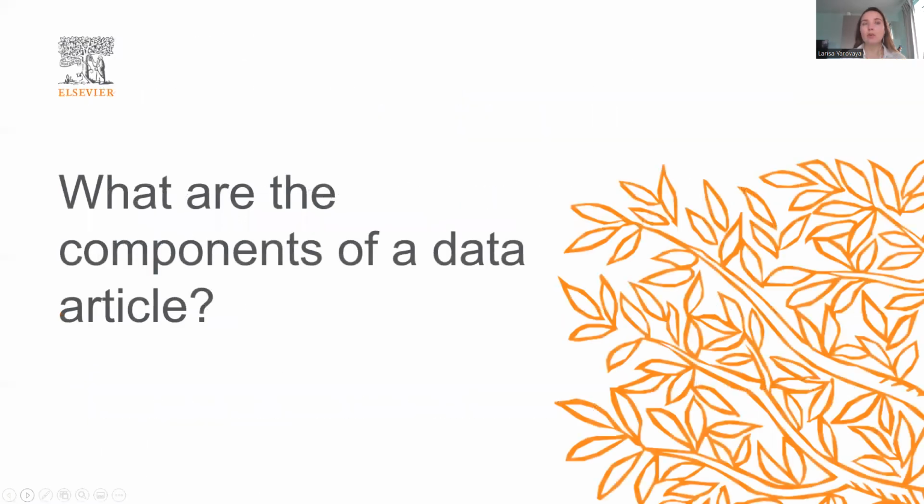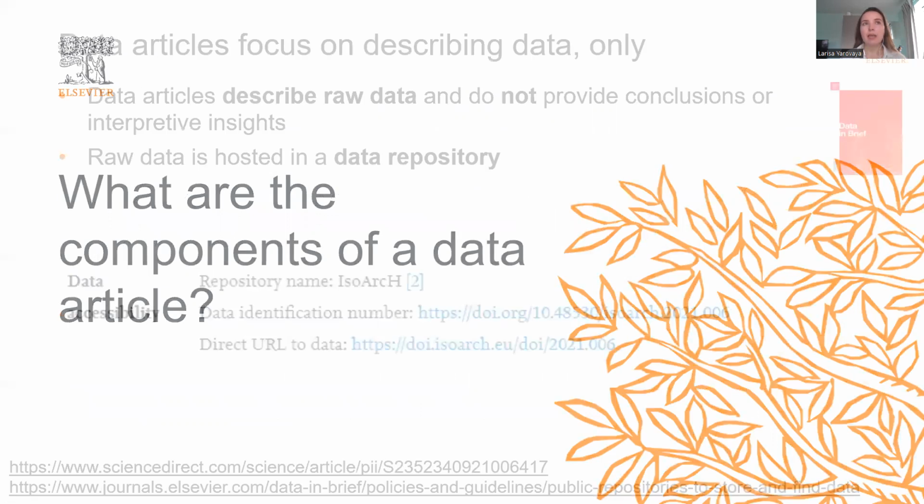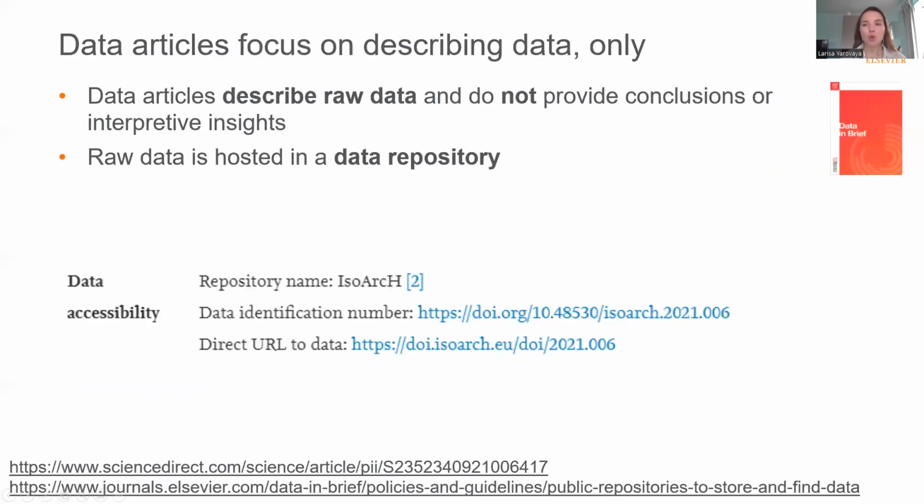What are the components of a data article? Data articles describe raw data and do not provide conclusions or interpretive insights and findings. So if you review a data article and you see that it contains some research results, findings, or insights, you can ask authors to remove this information, because data articles should just describe the data.